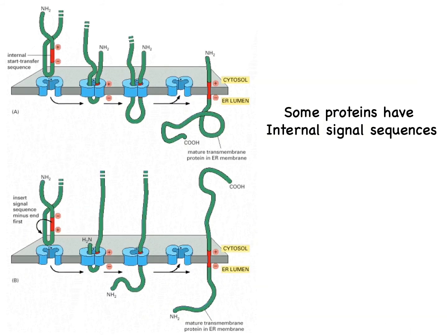And here are some examples with signal sequences that direct the protein into the membrane of the ER, one with the amino terminus back in the cytosol and one with it into the lumen of the ER. And so there are, again, a number of different mechanisms that direct the proteins to different conformations using a series of these signal sequences.